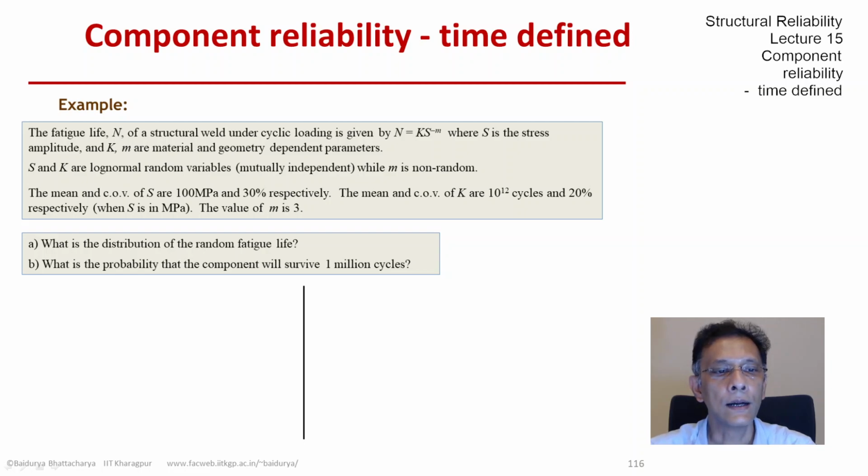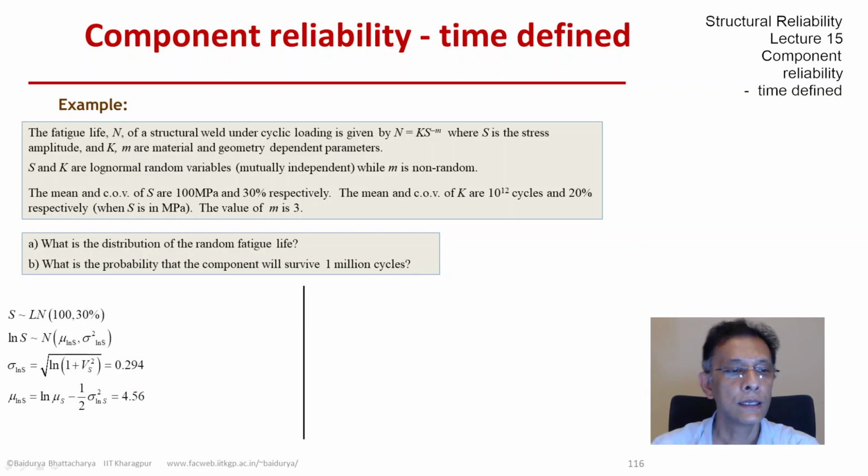So let's now look at the details. S and k are log normal random variables, so that kind of points that we need to take log and see what we get. So let's get on with the solution.